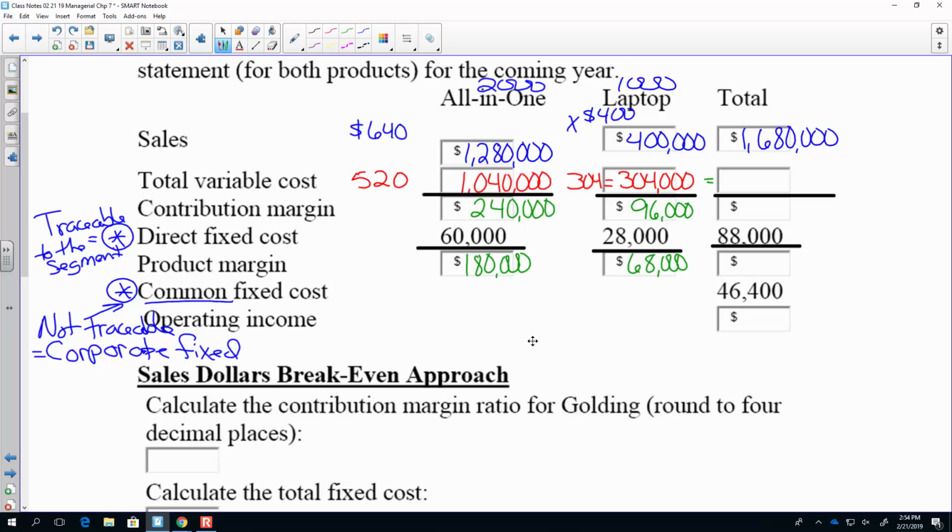For cost, we're at 1,344,000 with a margin of 336. And then we subtract the 88. $248.